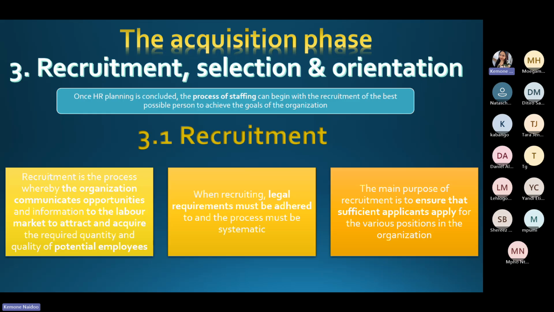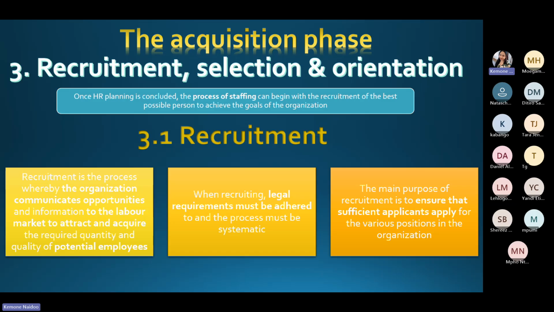Okay, so once we have all of those things finalized, we've done our internal research, we understand where we need to acquire people, where we need to recruit, we can begin the recruitment process. And this, in simple terms, is just the process of hiring the right people for the right jobs. Now, this is a very important process because if you hire someone who does not possess the right skills and training, you are putting your business at risk.